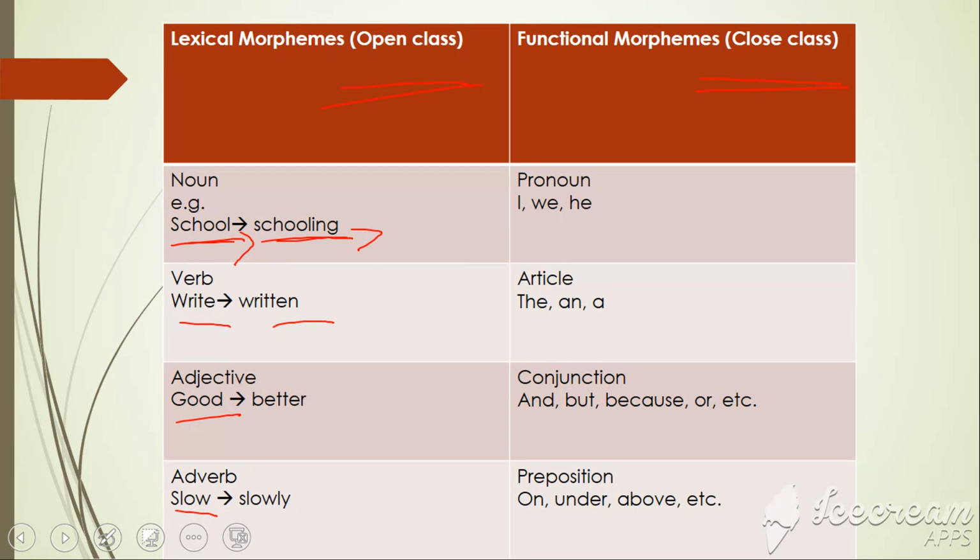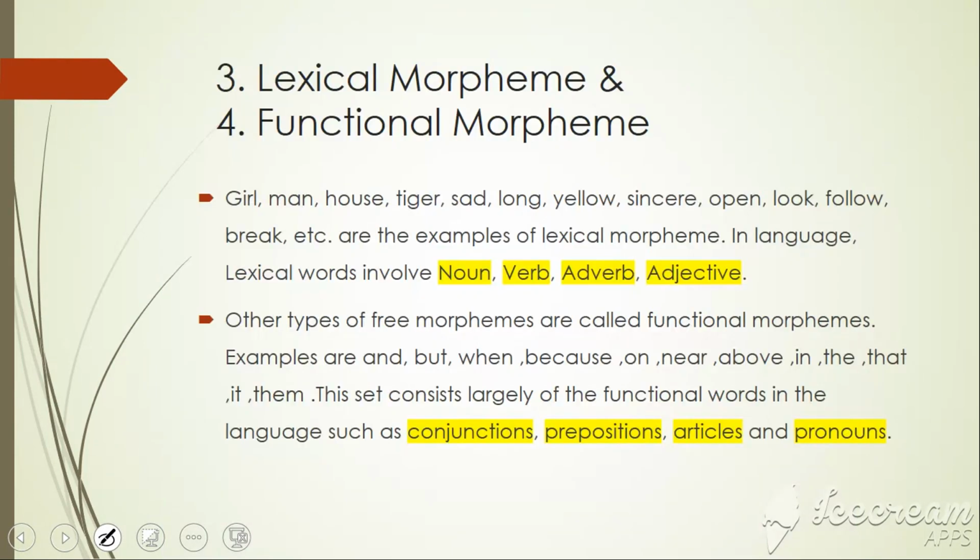And what is the closed class? The closed class words are those which cannot be manipulated, cannot be changed, cannot be modified by the speaker. Like if we take some examples, pronouns, we cannot modify the pronouns, we cannot modify the articles. Same is the case with conjunctions and prepositions as well. So lexical morphemes include nouns, verbs, adverbs and adjectives.